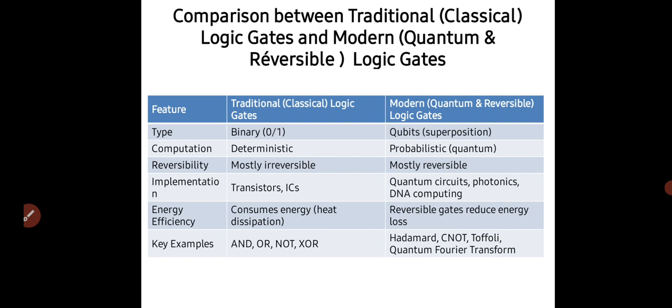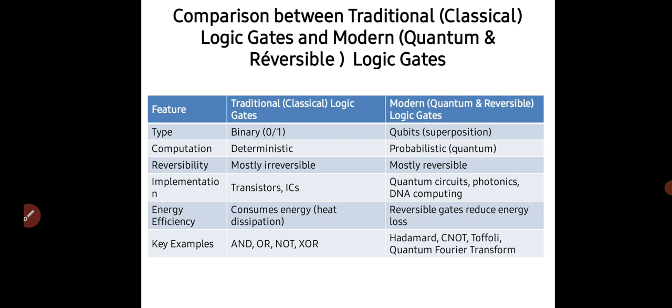Traditional types use 0 and 1, and modern ones use superposition or qubits. For computation features, classical is deterministic and quantum is probabilistic. Reversibility: classical is mostly irreversible, while modern is reversible.